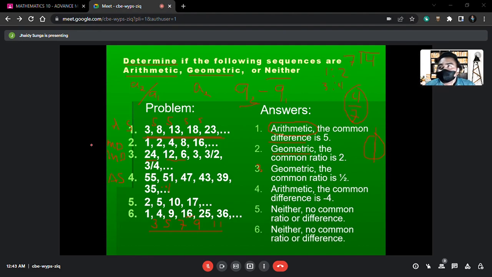If you see a sequence with a common difference, we could obviously see that the operation that was used is addition or subtraction, while the geometric has a common ratio, and the operation commonly used is multiplication or division. Aside from that one, did you notice anything from these four sequences?